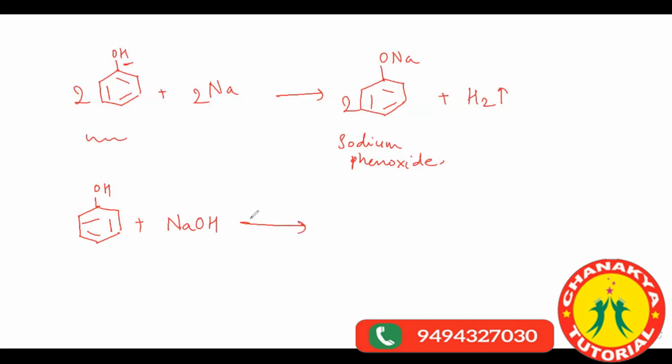Whenever it reacts with NaOH, that time also it will convert into sodium phenoxide, your ONa. Now here OH and this is H, it will form a water molecule, H2O. Clear? This is sodium phenoxide.